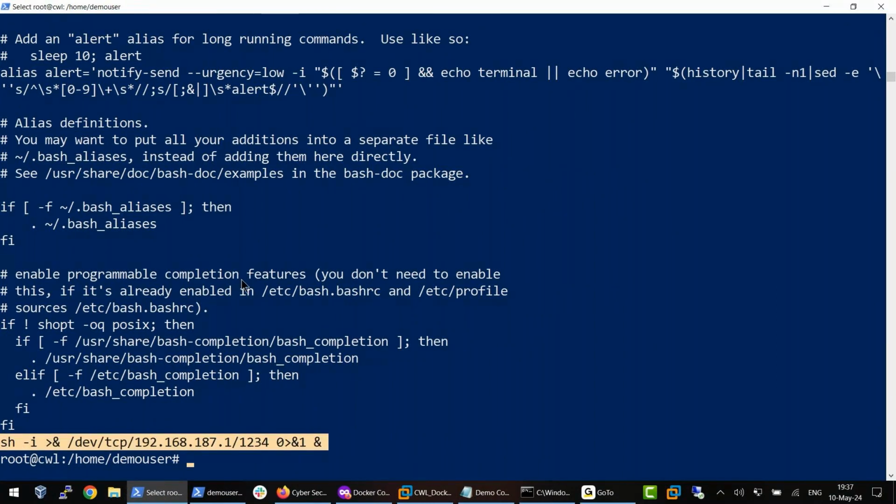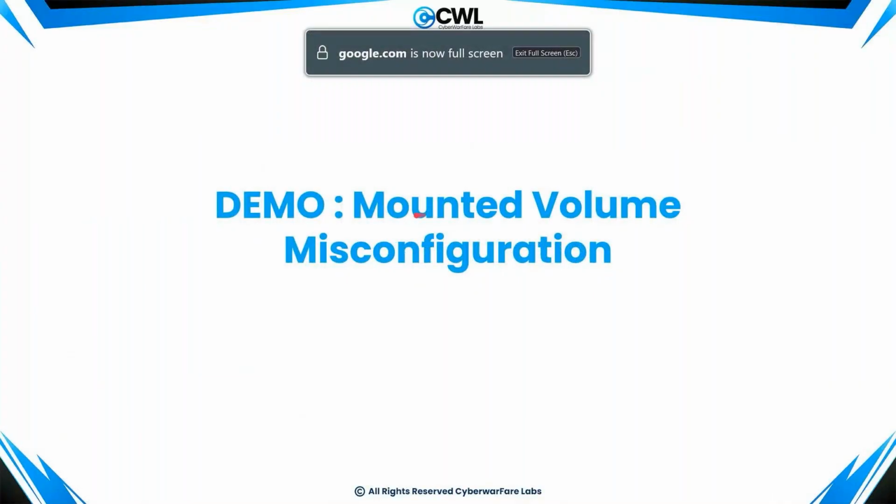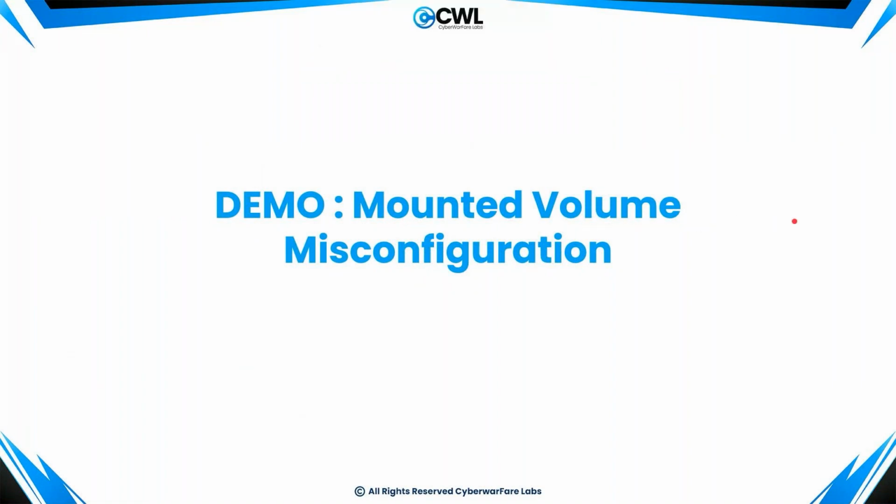That means from the Docker container I escaped, or I modified something in the bashrc file, and I compromised that, right? So this is how things are in this particular case. This is the mounted volume misconfiguration, and it is highly recommended not to run these Docker containers as the root user, right?